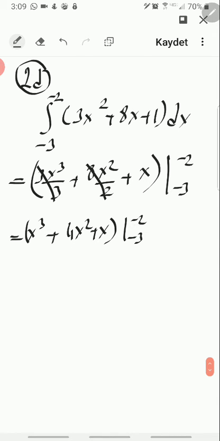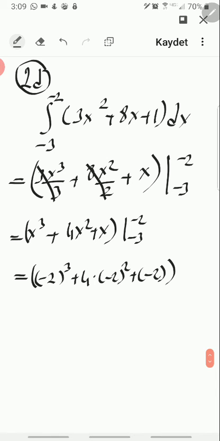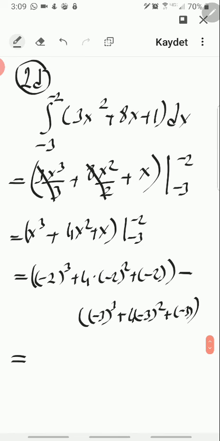Evaluated from minus 3 to minus 2. Let's substitute minus 2: minus 2 cubed plus 4 times minus 2 squared plus minus 2. We subtract by substituting minus 3: minus 3 cubed plus 4 times minus 3 squared plus minus 3. Finally, we get a cancellation. Minus 2 cubed is minus 8. 4 times minus 2 squared is 4 times 4, which is 16.